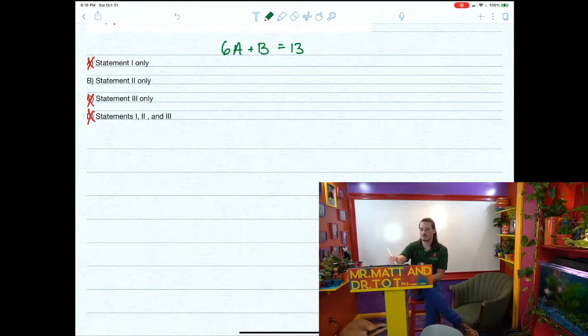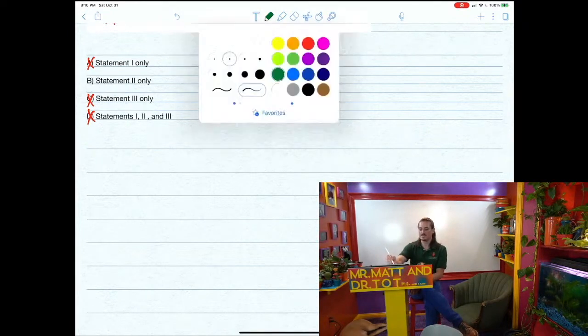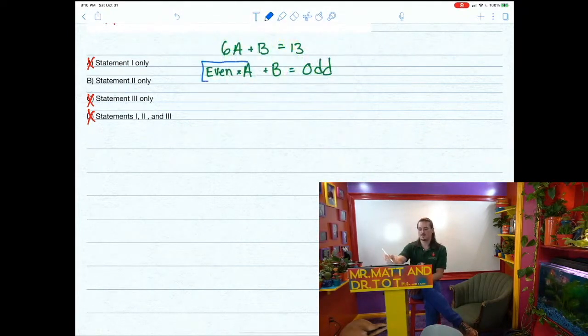6 is an even number. So we're going to have an even number times A plus B is equal to an odd number. 13 is odd. Well, what do you know about an even times any number? An even times an even will result in an even product. An even times an odd will also result in an even product. So this has to be an even value.